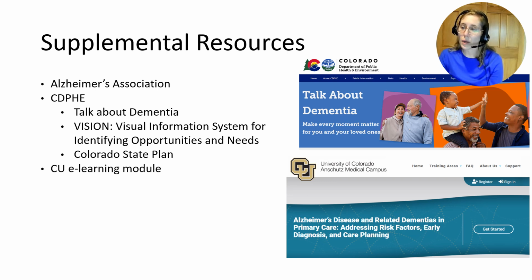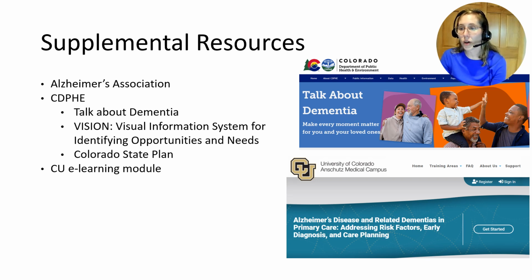The Colorado Department of Public Health and Environment also has a few really helpful websites. I'll just give a brief shout out to their new website, Talk About Dementia, which I've highlighted there, which has some really great resources. They are also working on a Colorado state plan all about Alzheimer's dementia. And they even have a website called Vision where you can see some Colorado specific survey data on cognitive impairment.